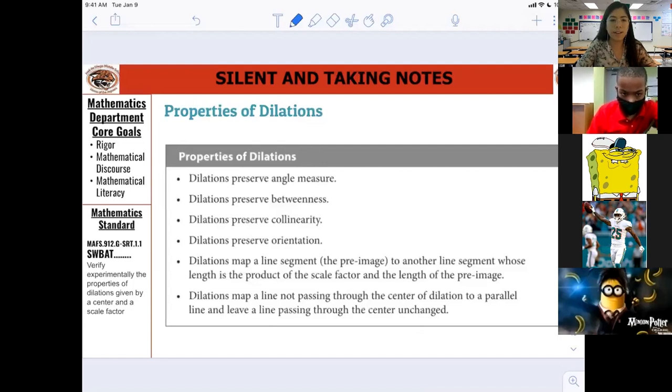Oh, I'm sorry if I lagged. Right now, you guys are just writing these properties down. I put 3 minutes on the clock, and then I'll see how much more time you need.